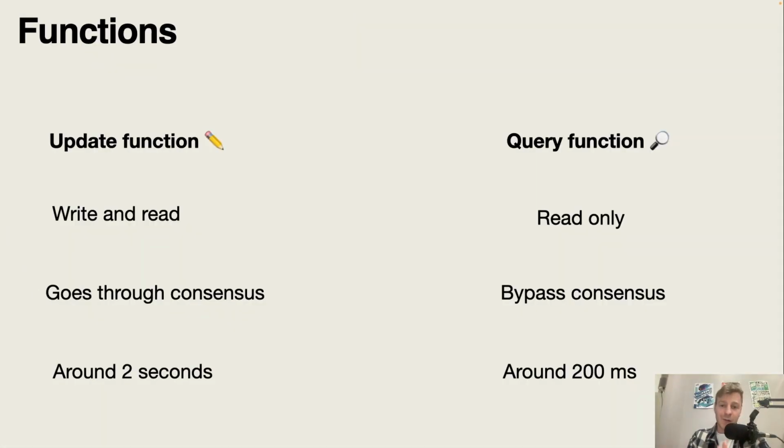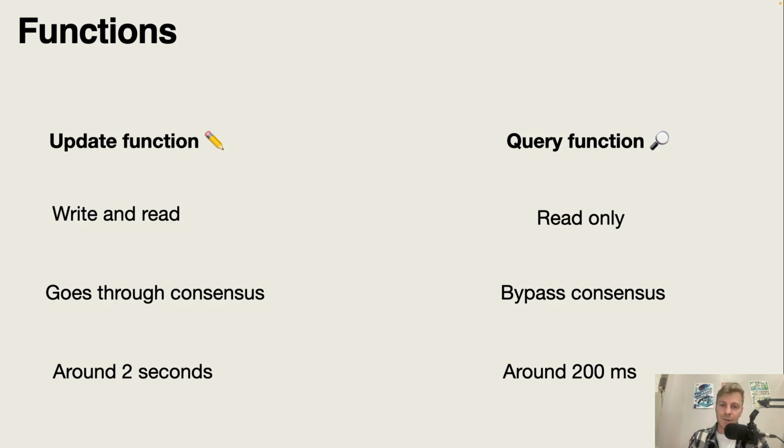Just like we had two types of variables, we also have two types of functions. The first type are the update functions, the second type are the query functions. With update functions, you can write and read, but with query functions, you can only read. This is because update functions go through consensus. Like any other blockchain, the Internet Computer has a consensus mechanism.